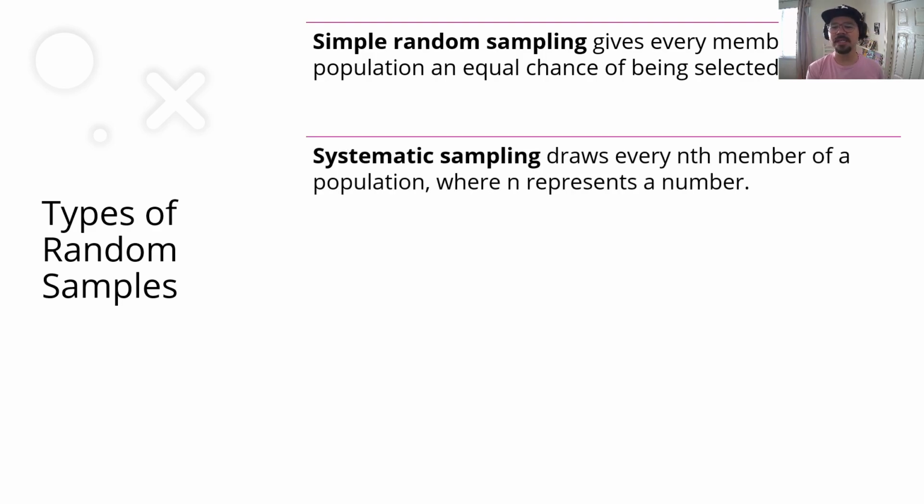Systematic sampling is drawing every nth member of a population where n represents a number. When I was in community college and I was taking this behavioral statistics class, the professor at the time required us to go out and survey the general public, really.